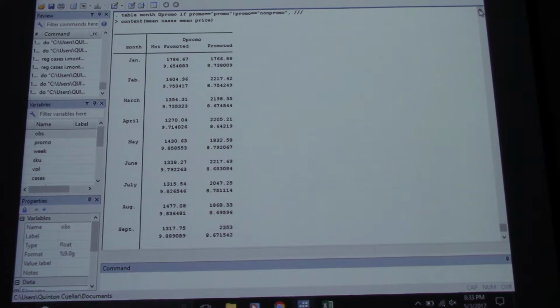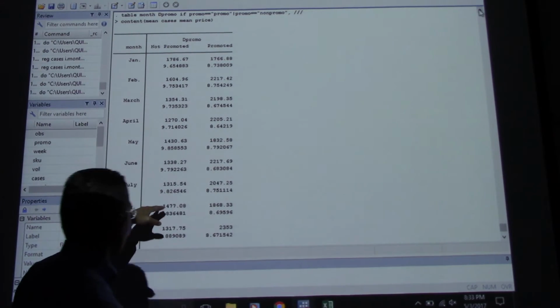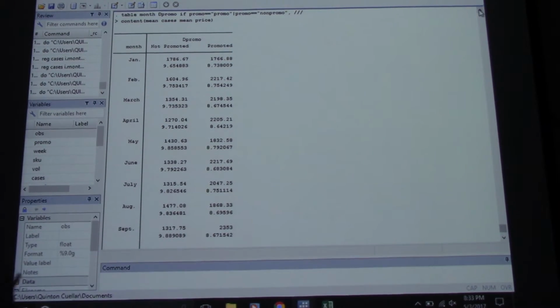All right. Same table, top values are the case volumes, the same exact numbers that we got before. The bottom numbers are the prices that accompanied those promotions in those particular months. And what do you see? You see that promoted price in January was less than non-promoted price.